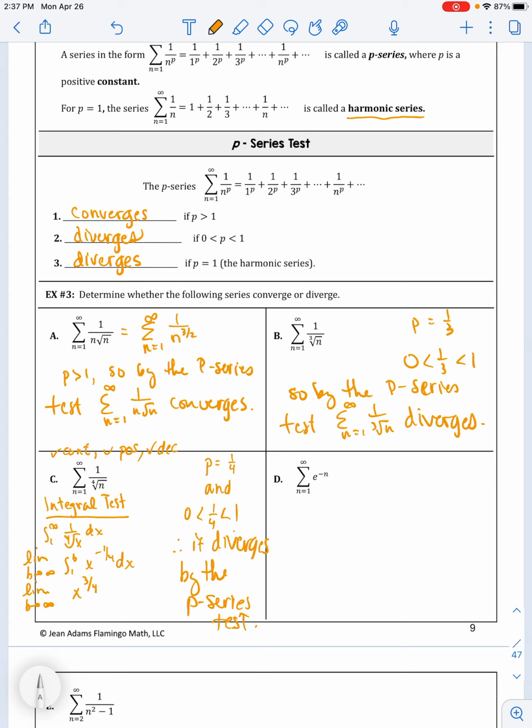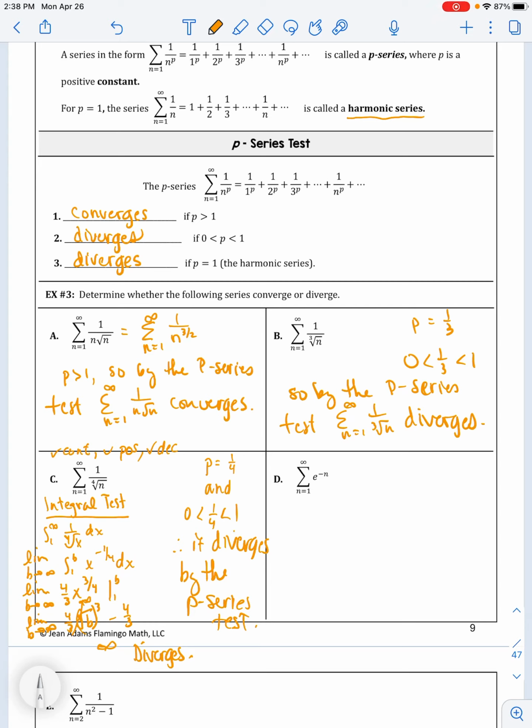This would be x to the negative 1/4 plus 4/4, so that would be x to the 3/4 divided by 3/4, which is multiplication by 4/3, from 1 to b. The limit as b goes to infinity of 4/3 times the 4th root of b to the 3rd power minus 4/3 times 1.